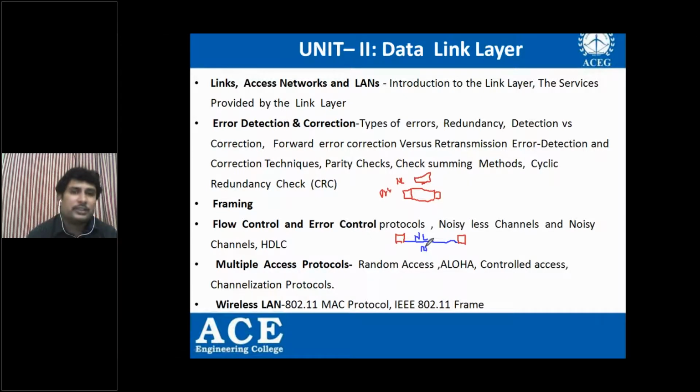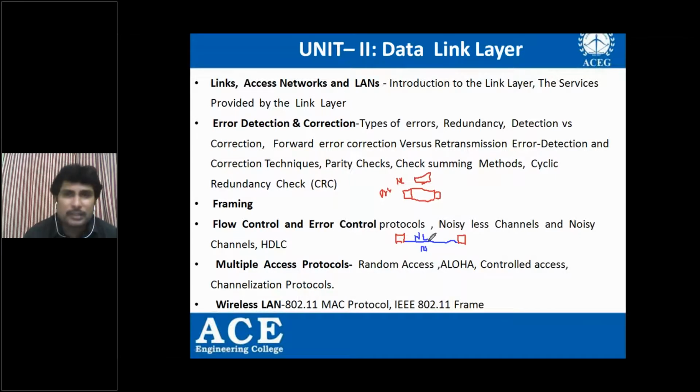And after this, one of the most important purposes or functions of using networks is sharing of resources. So previously in this figure, we were talking about a channel. Now, it doesn't mean that the channel will be used by only one source and one destination.